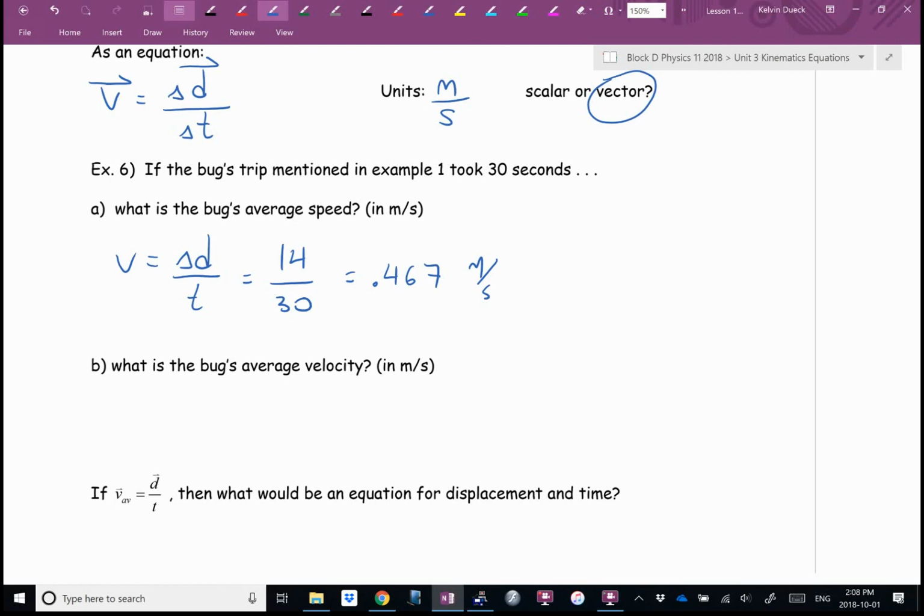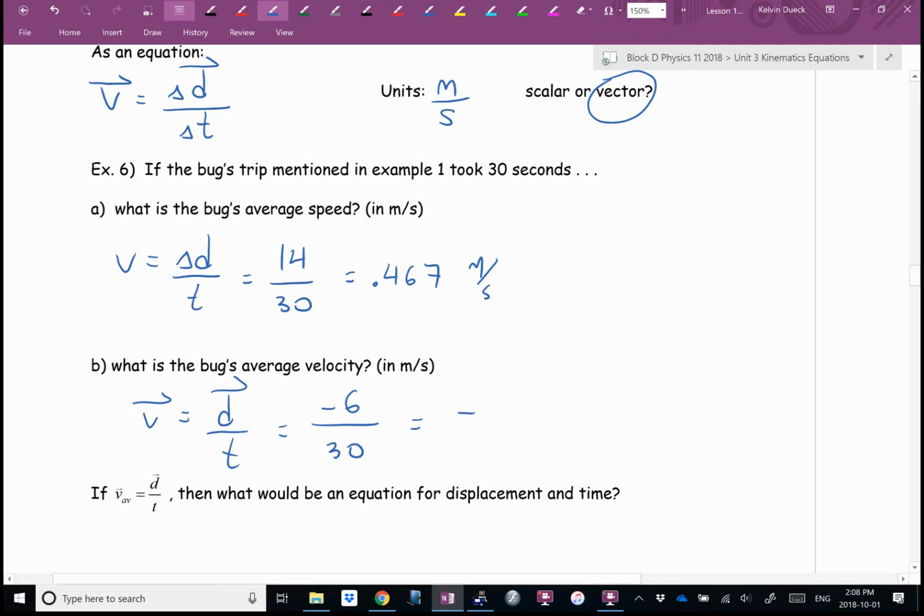What was the bug's average velocity? What was the displacement? -6? And divided by 30. Am I going to get a positive or a negative answer? What does that mean as a direction? Left or west?